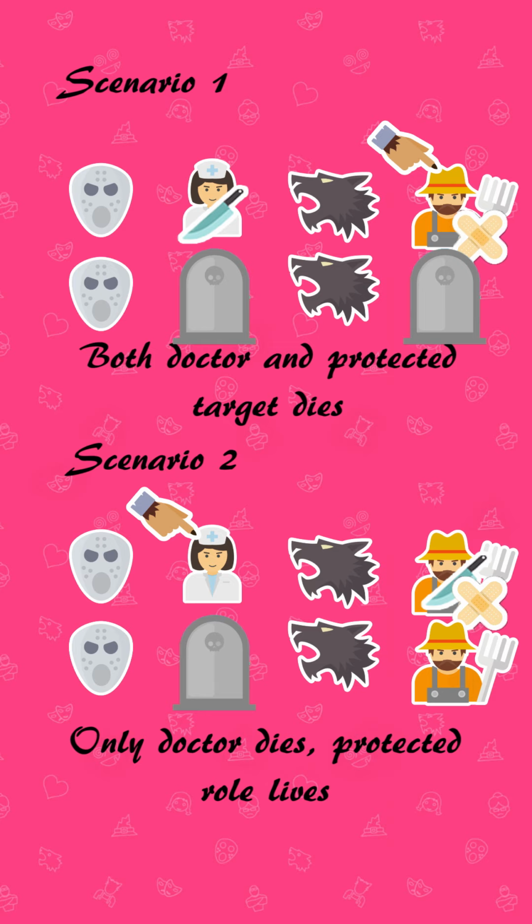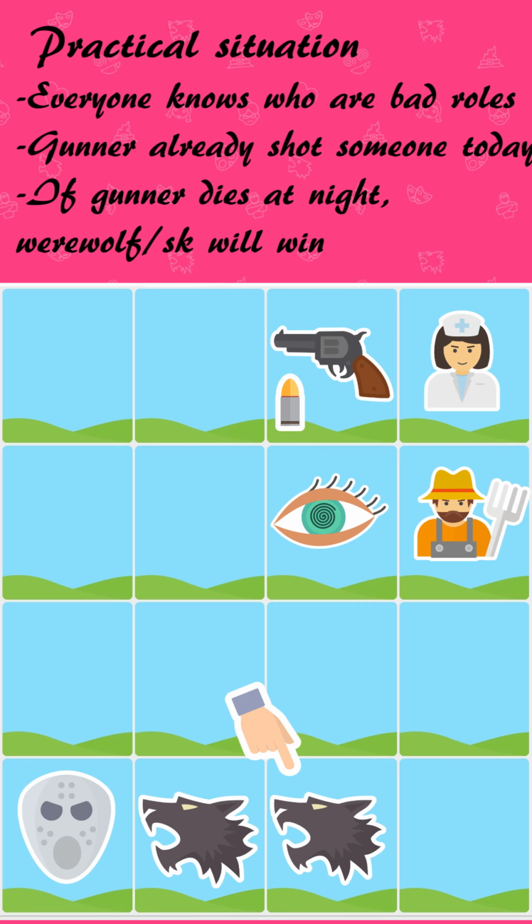So let's say a situation where serial killer and doctor and a gunner with a bullet are alive, and they are about to lynch a werewolf. In this situation, if the gunner survives next day, then the villagers will win. In this case, serial killer and werewolf can talk to each other during the day and tell each other who they should kill first.